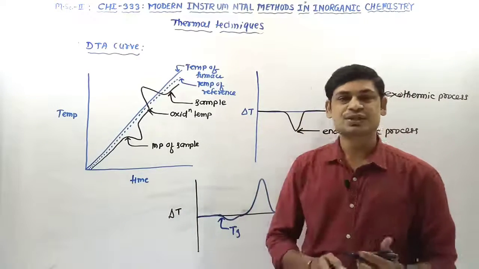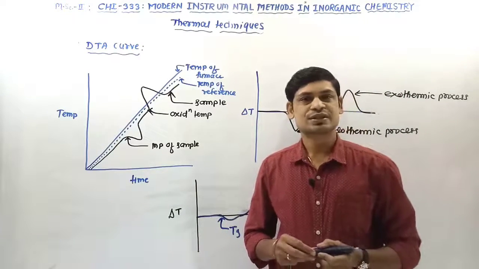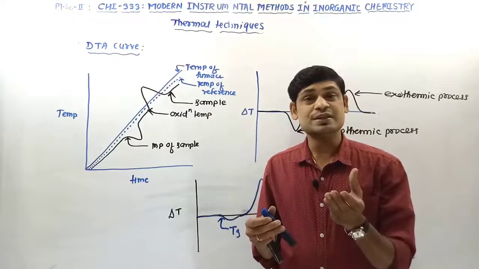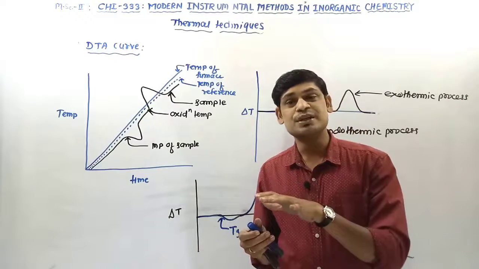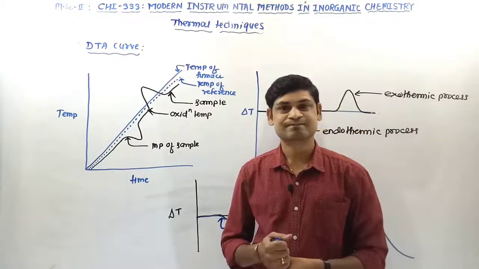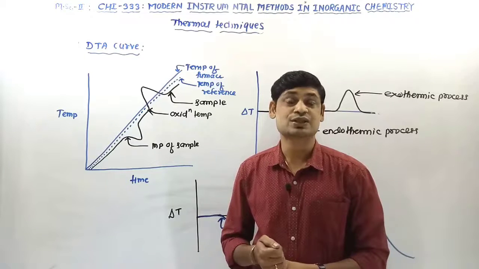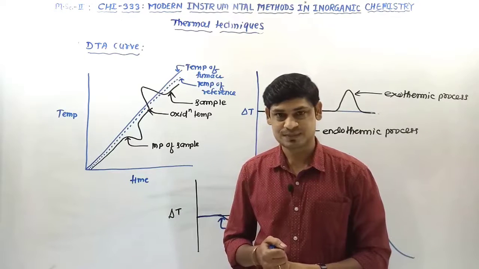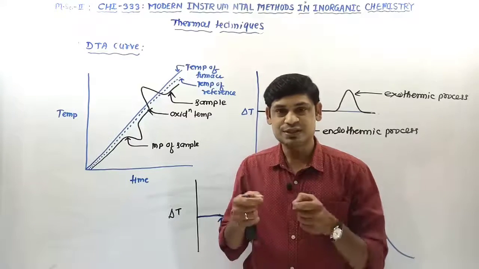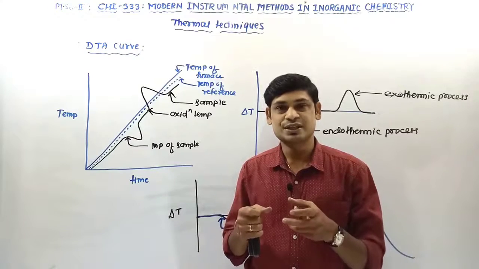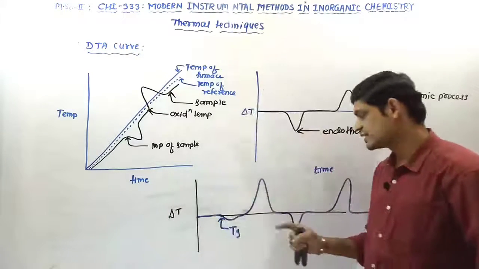This is the temperature at which the polymeric material is converted into a rubbery material. Rubbery material means what? Which has elasticity, elastomers you can say, stretchable, smooth material. So this is your glass transition temperature.